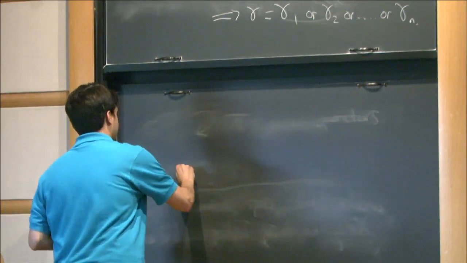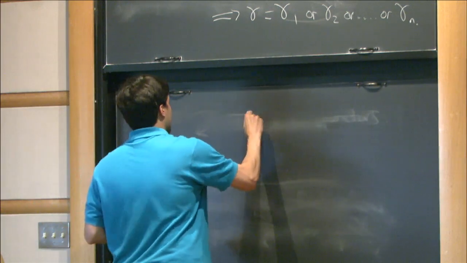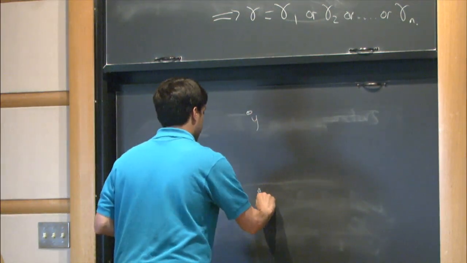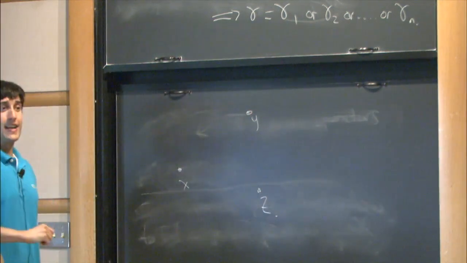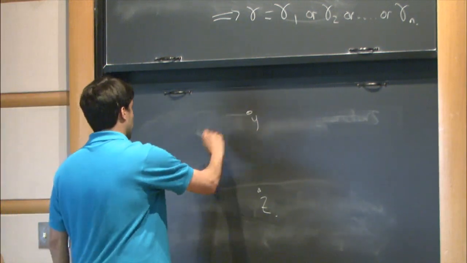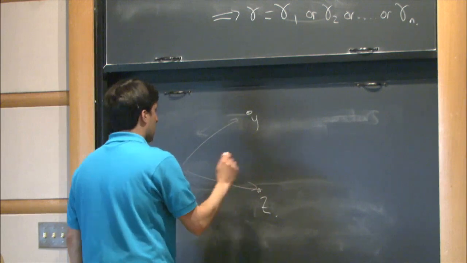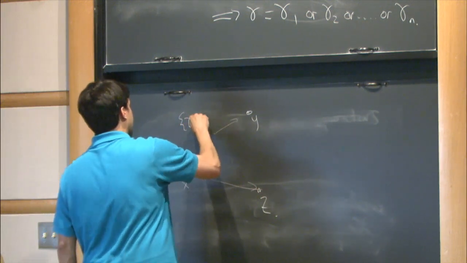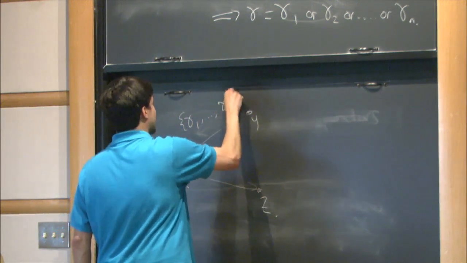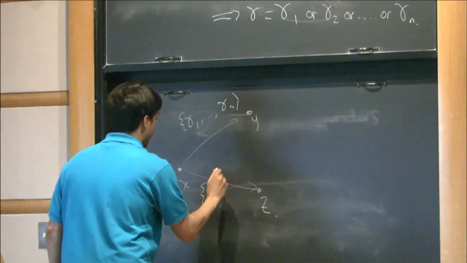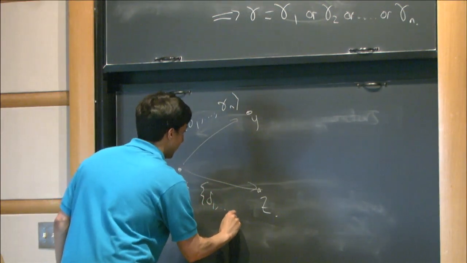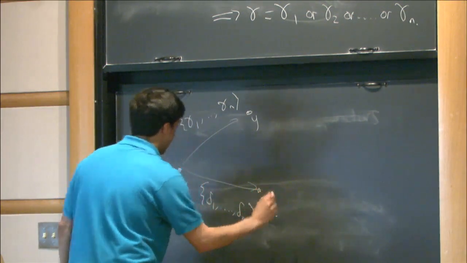Okay, so say we have 3 points, x, y, and z. We have 2 lists. Let me call them gamma 1 up to gamma n, and delta 1 up to delta m.